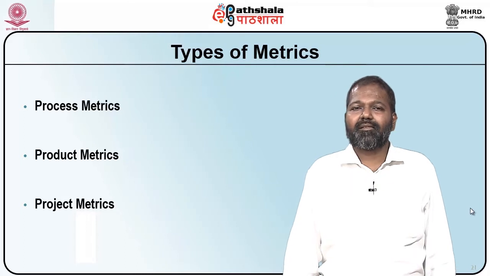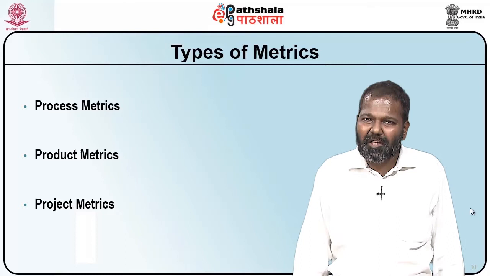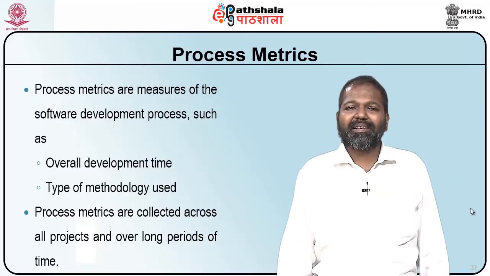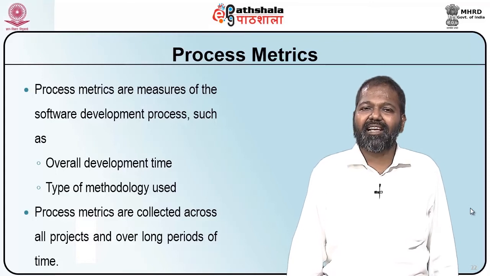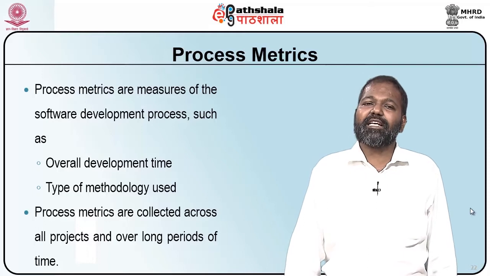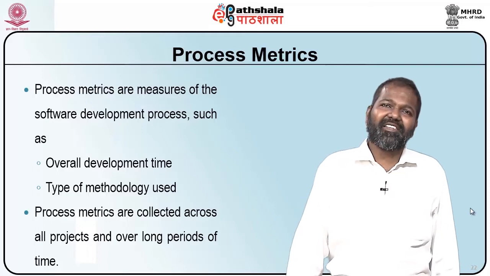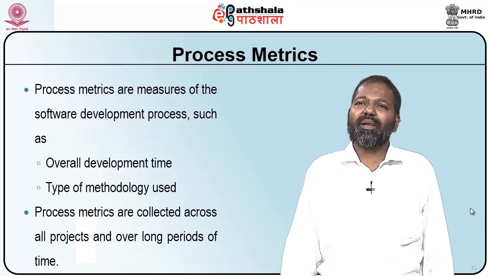Types of metrics: process metrics, product metrics and project metrics. Process metrics are measures of the software development process, such as overall development time and type of methodology used. When you consider overall development time, you have resources coming into the picture.